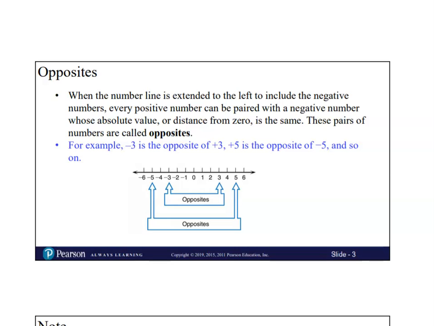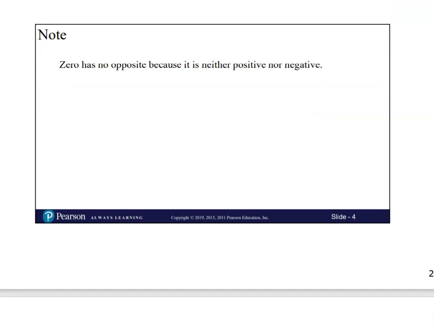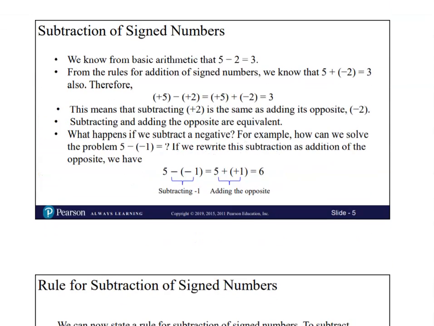For example, -3 is the opposite of +3. +5 is the opposite of -5, and so on. 0 has no opposite because it is neither positive nor negative. We know from basic arithmetic that 5 take away 2, or 5 minus 2, is equal to 3.